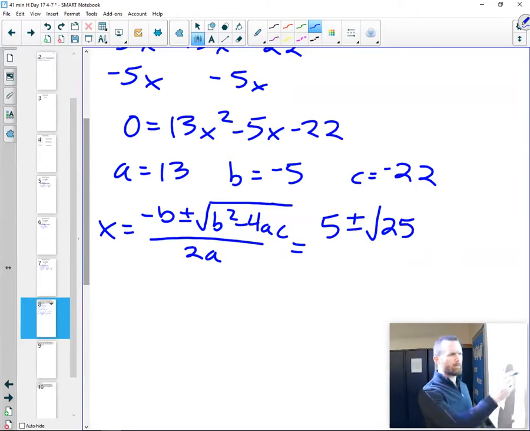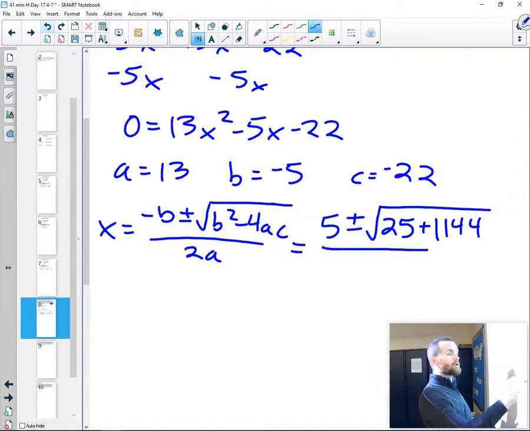This is one of the most important parts; we've got to know what sign goes there. It's going to be 4 times 13 times negative 22. So it's a negative 4 times a negative 22, which comes out to a positive. I'm just going to use a calculator for that: 4 times 13 times 22. That's 1,144.